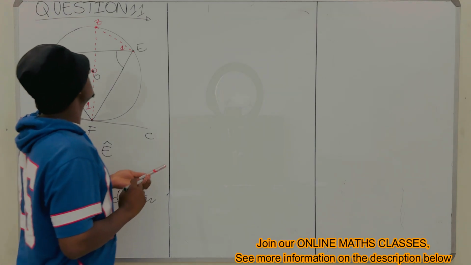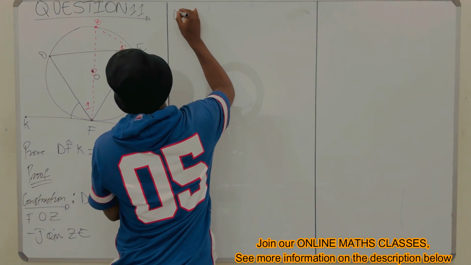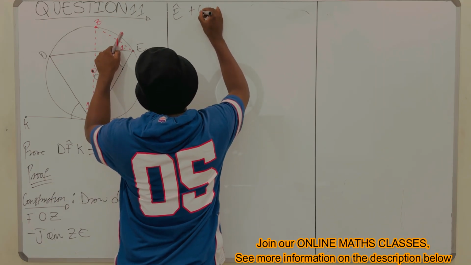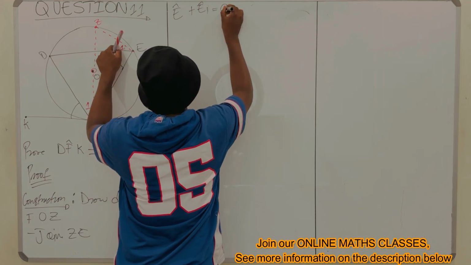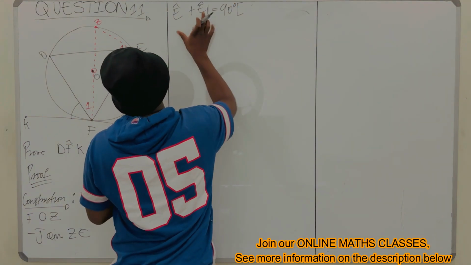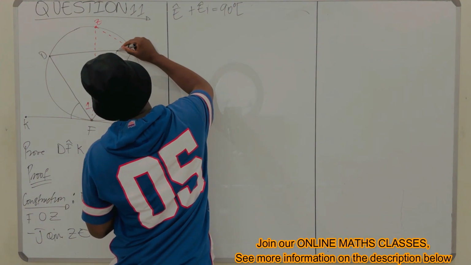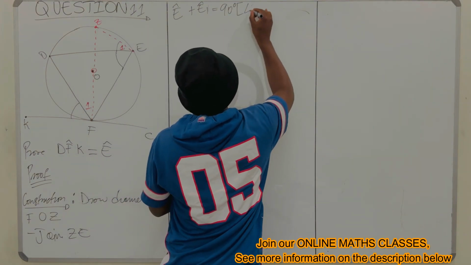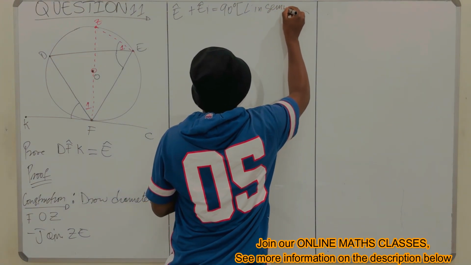So we'll say angle E plus angle E1 is 90 degrees. Why? This entire angle over here is subtended by a diameter. So this is angle in a semicircle.